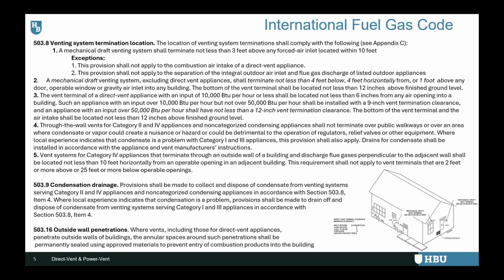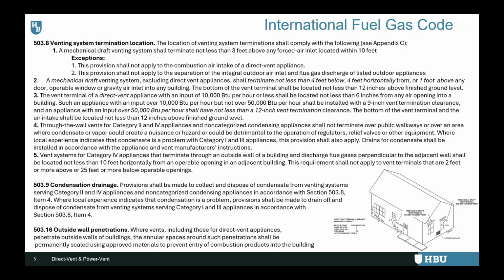Let's look at some specific sections from the International Fuel Gas Code that govern where we can terminate our venting systems. This is crucial for safety and compliance on every job. First, under section 503.8, venting system termination location. The code gives us several key rules. Rule 1.